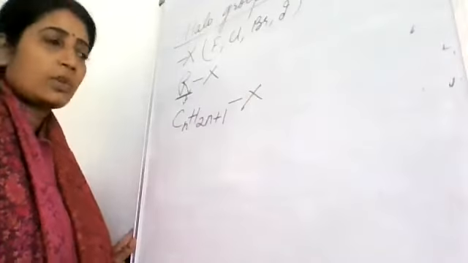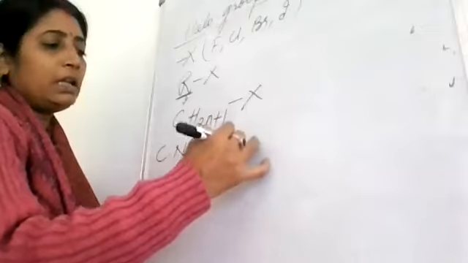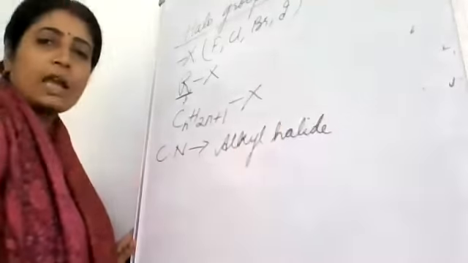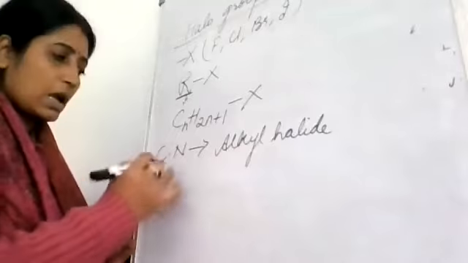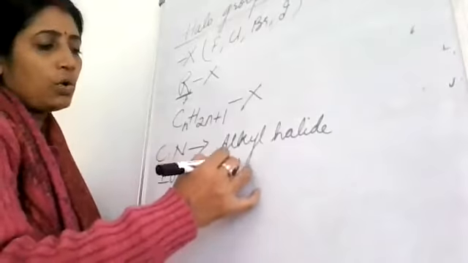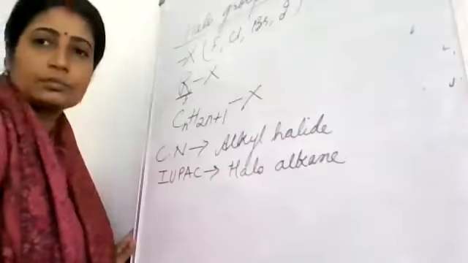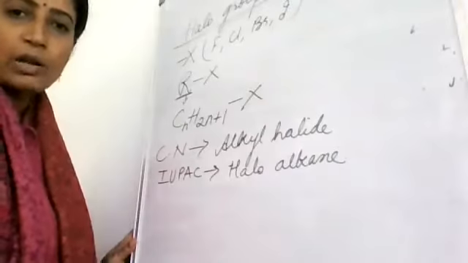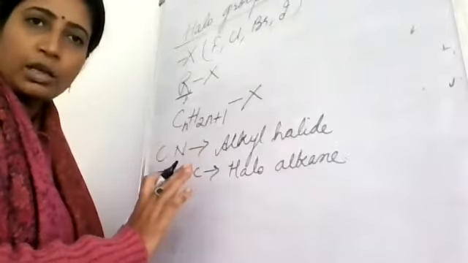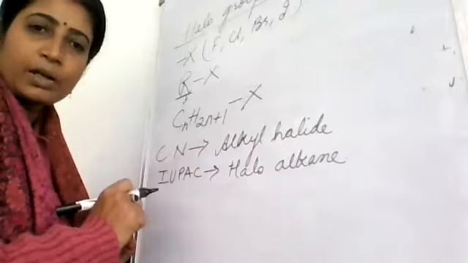Now the common name. What is its common name? Alkyl halide. And the IUPAC name is haloalkane. Alkyl halide is the common name, which is not used for any official purpose.